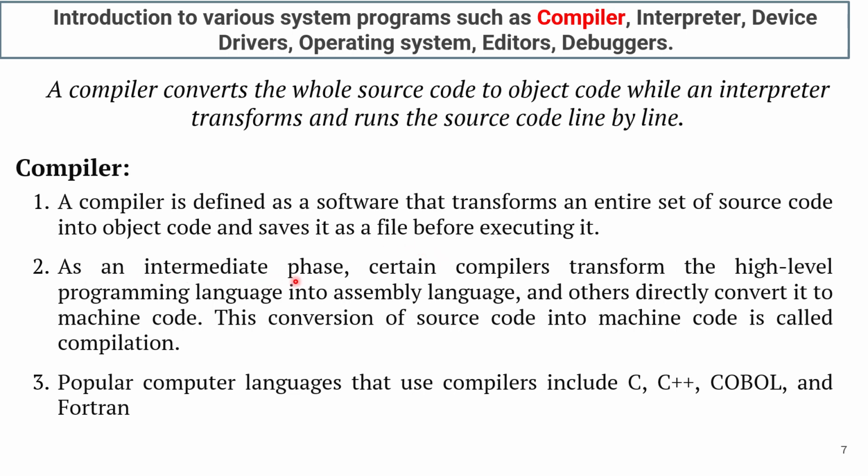As an intermediate phase, certain compilers transform the high-level programming language into assembly language, and there are some compilers which skip this intermediate step and directly convert the high-level program into machine code. This conversion of source code into machine code is called compilation. Popular computer languages that use compilers include C, C++, COBOL, and Fortran.